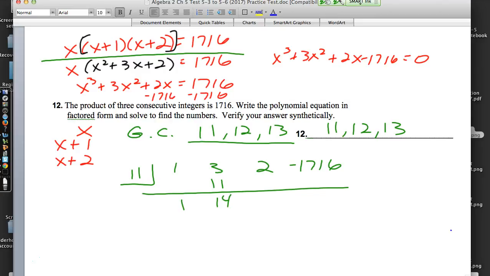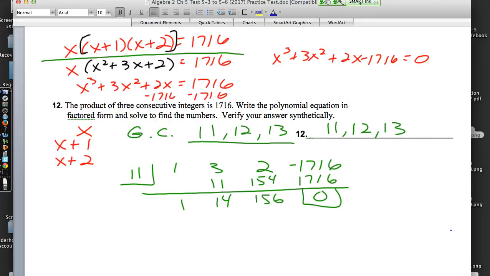Unless you know your little cheater rule for 11s. 154 plus 2 is 156, and this had better be 1,716 or we're in trouble. Aha! Beautiful. So not only did we write it and find the solutions, but we verified it synthetically.